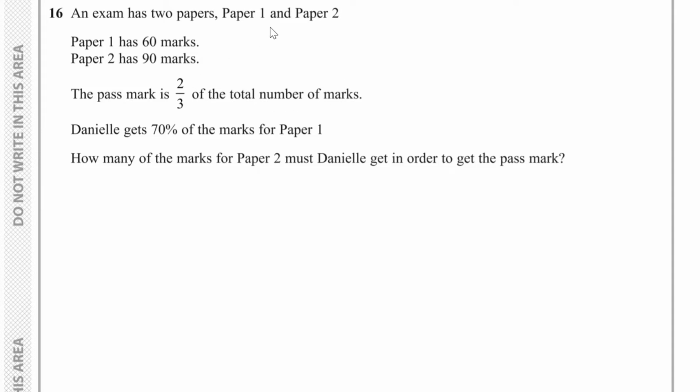So first of all, it would make sense for us to work out the total number of marks. So the total number of marks is equal to 60 plus 90, which is 150 marks. And therefore the number of marks needed to pass, that's 2/3 of the total number.